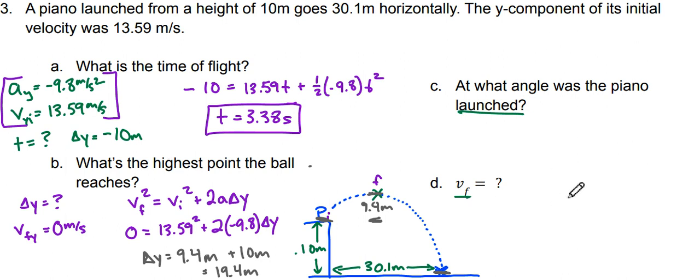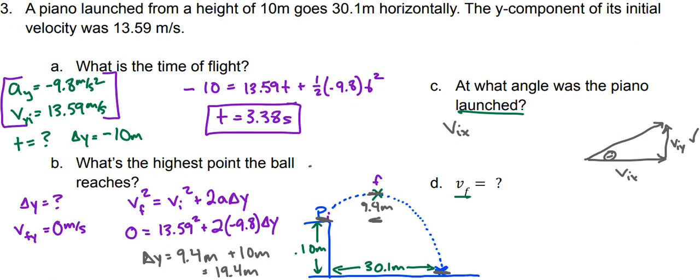What angle was the object launched? If we want to know the angle, we need to know the initial x velocity, and we need to know the initial y velocity. We already know the initial y velocity, but we don't know the x, and that's what we need to find this angle theta.